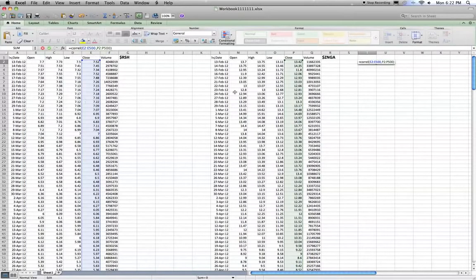And what it's going to do is calculate. It's going to give you a fraction, a decimal, and usually the ones that are closer to 1 are highly correlated.